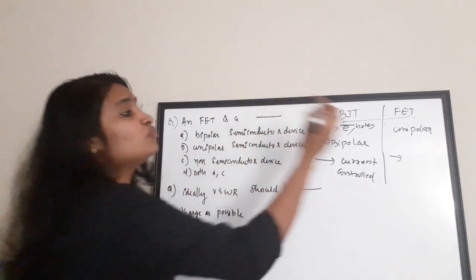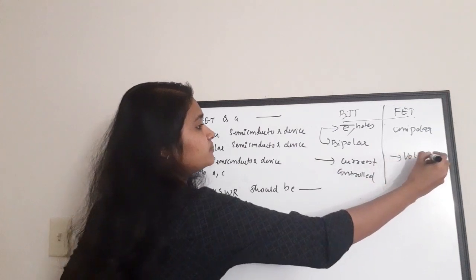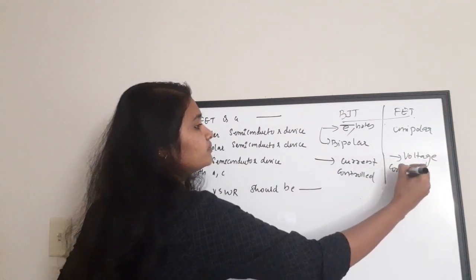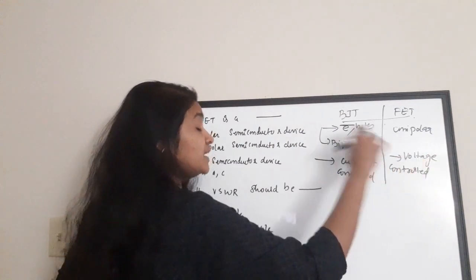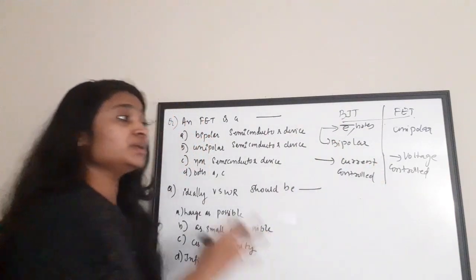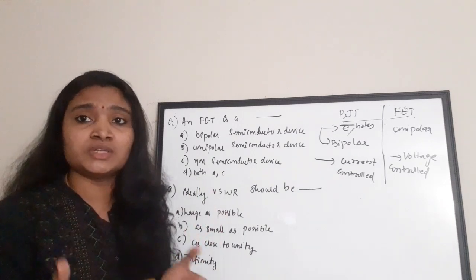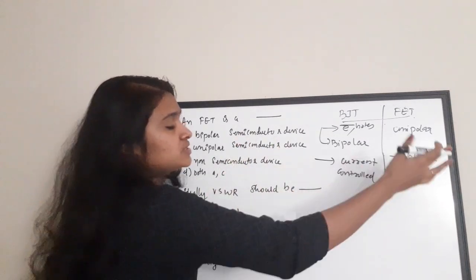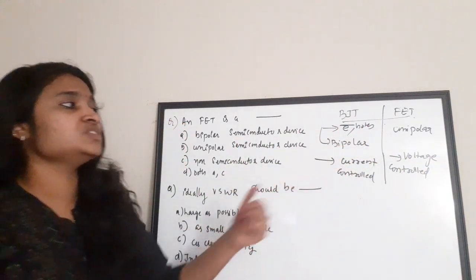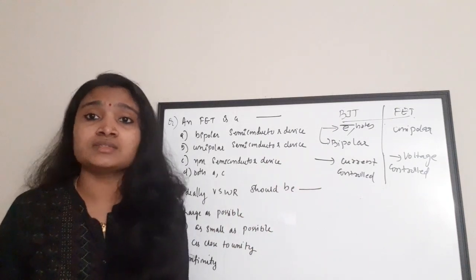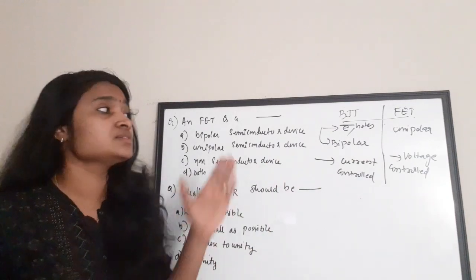So it is a voltage controlled device. These are the major differences. Other differences are there, but if you know these, then you have understood some concepts about BJTs and FETs. So FETs are voltage controlled and BJTs are current controlled. Now from this explanation, you can answer this question.